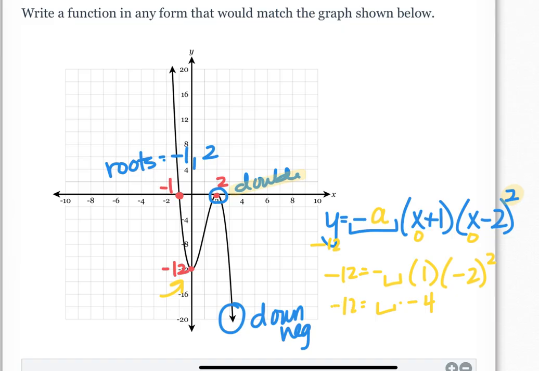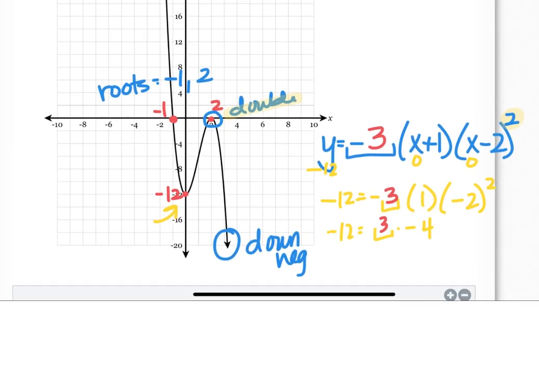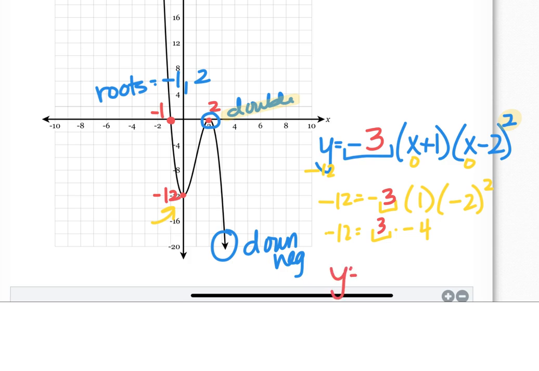Well, the something that would have to go there is obviously going to be 3. So I can come back and replace in my original equation this a with a 3, which means my final function, if I just write this out again, is going to be y equals negative 3 times x plus 1 times x minus 2 squared.